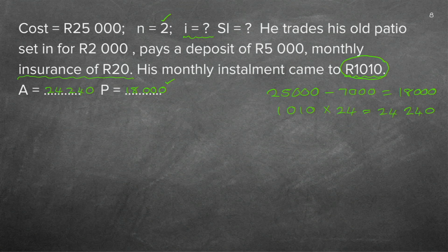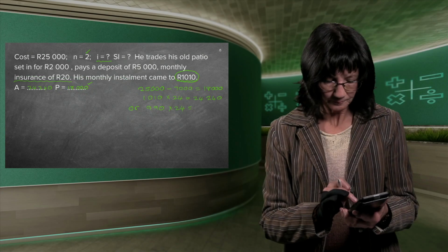So there are 2 ways of doing it. You can subtract the 20 rand immediately from the 1,010, and then you've got your monthly installment for your loan, and then multiply it by 24. You can say 1,010 minus 20 is 990, and then you multiply that by 24. Let's just see what we get.